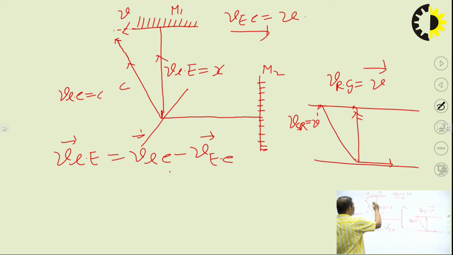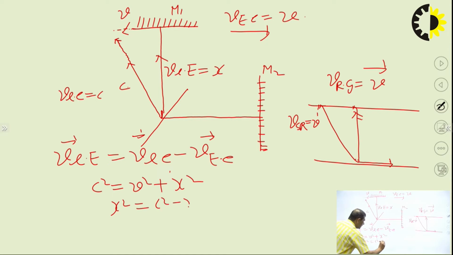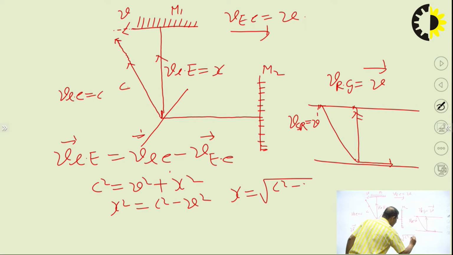From this right angle triangle, or the triangle rule of vector addition, we can easily estimate the value of x. c square is equal to v square plus x square, or x square is equal to c square minus v square, so x is equal to the square root of c square minus v square. This is the velocity of light with respect to Earth. Make sure that c here is not the velocity of light with respect to Earth. c is assumed here as the velocity of light with respect to ether.